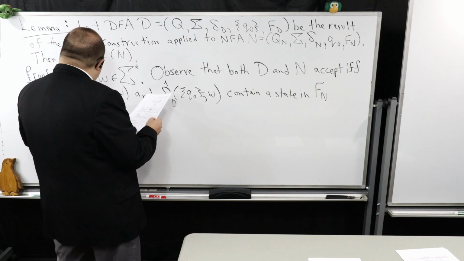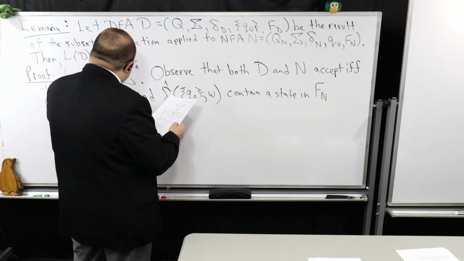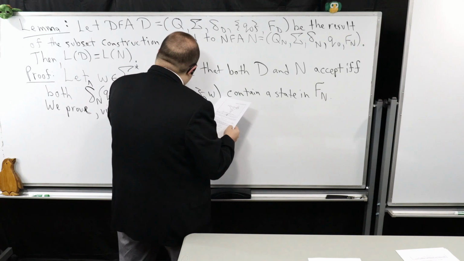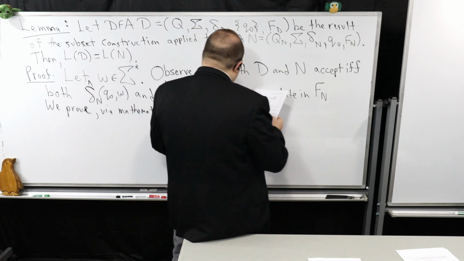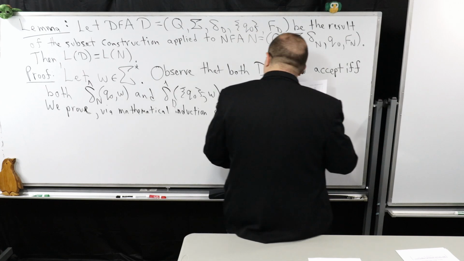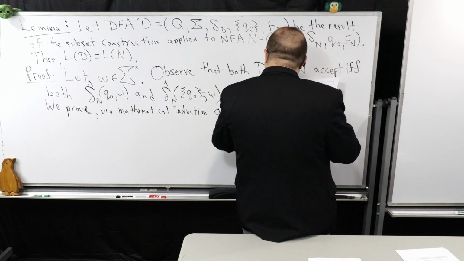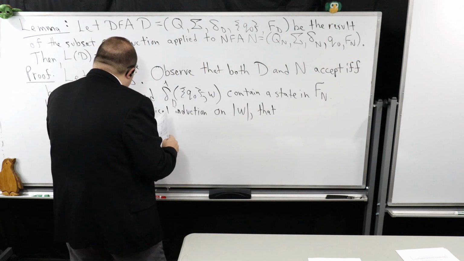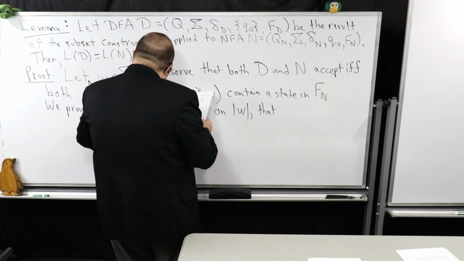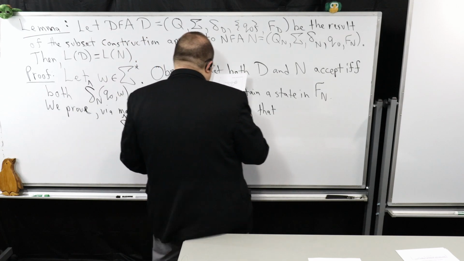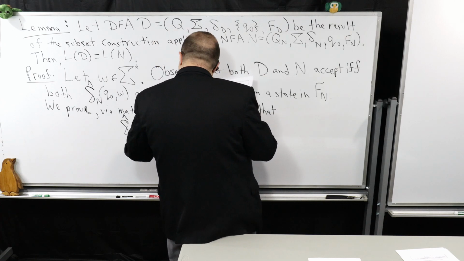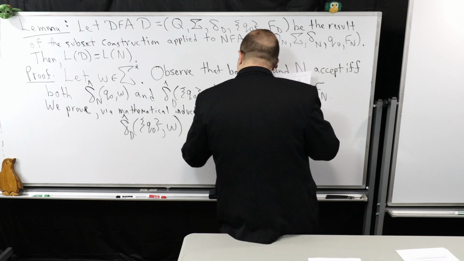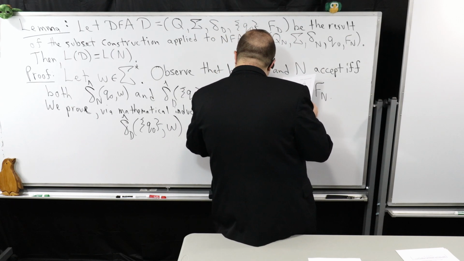We prove via mathematical induction on the length of W that delta hat of D given state q0 with the curly braces, so the set containing q0, W, is equal to delta hat N of q0, W.